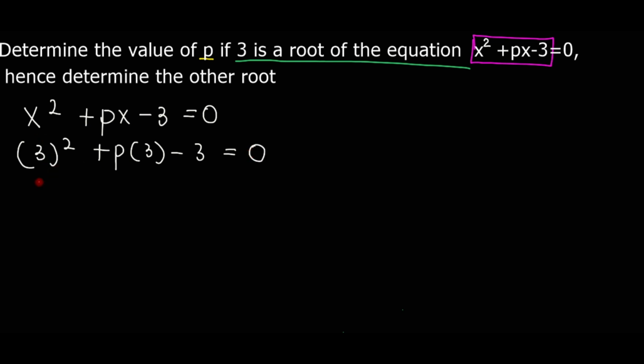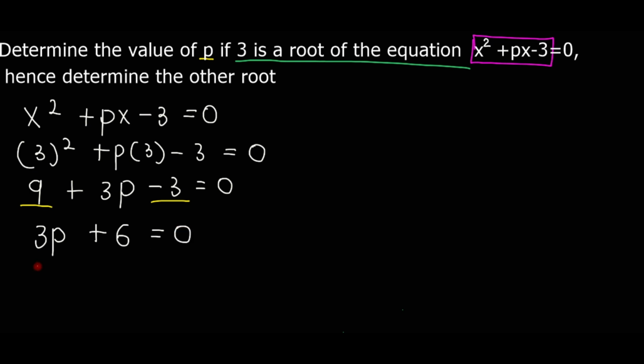And then 3 squared is 9, and then p times 3 is just 3p minus 3 equal to 0. And then from there, because I can solve for p, I add 9 and minus 3 because they are like terms. So from here, 9 minus 3 is positive 6.